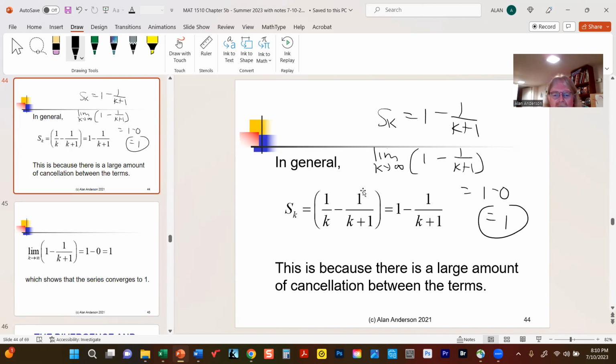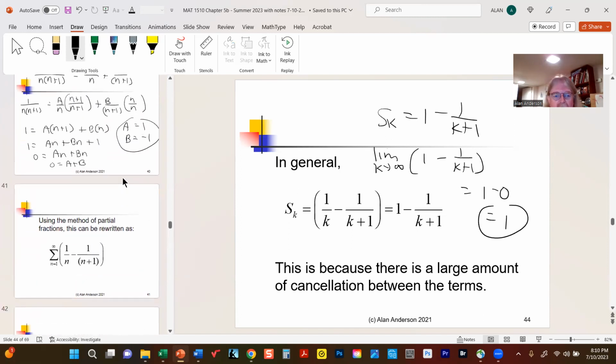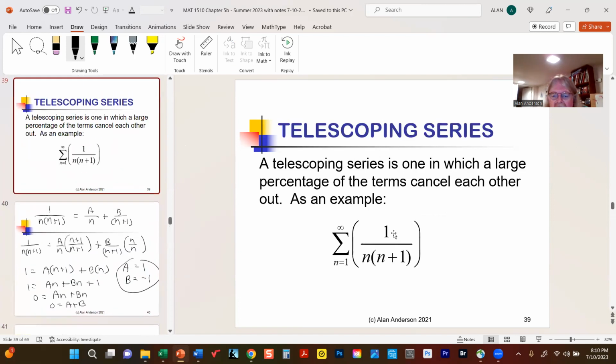Now obviously not all telescoping series add up to 1, because let's say instead we had 10 up here, or 3, or whatever the case may be.